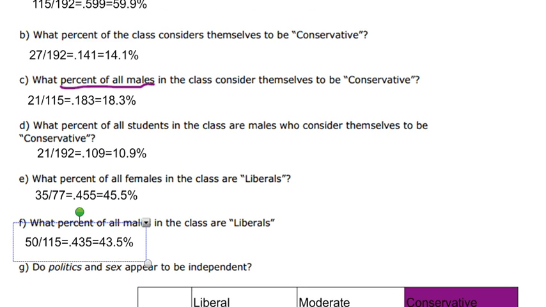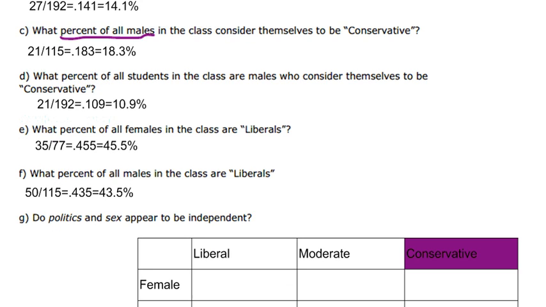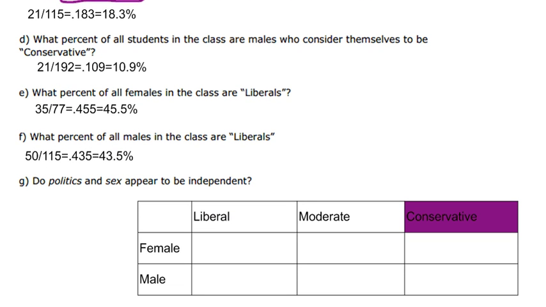A conditional distribution basically looks at the distribution or the percentages based on a certain characteristic. So for the next part, I'm going to specifically look at females and males separately. The last question says, do politics and sex appear to be independent?